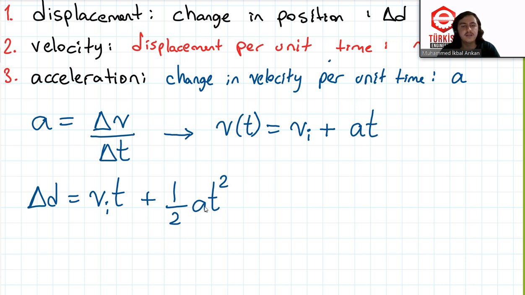Why is it acceleration, but here it's not time and time squared? These come from calculus. So the reason for these formulas, you will understand more when you study calculus. But at this level, we will just use basic algebra.